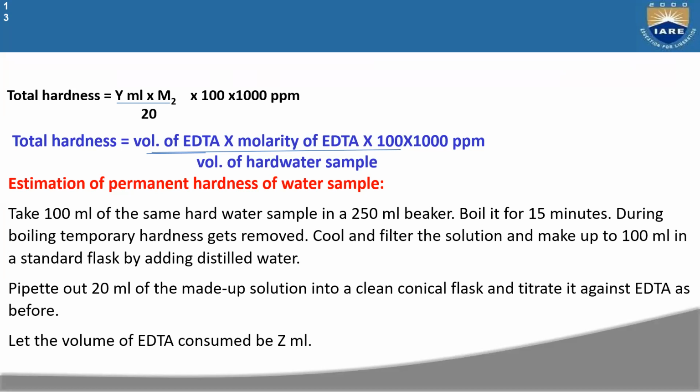So we have to estimate the permanent hardness of the given water sample. Only here we have to find the permanent hardness, so we have to remove the temporary hardness. How do we remove temporary hardness? By boiling. So take 100 ml of the given hard water sample, boil for 15 to 30 minutes, and filter it.